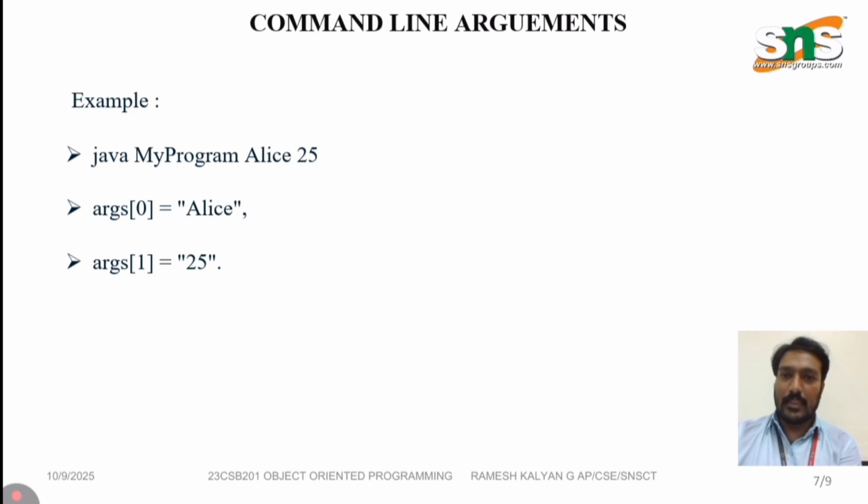In this case, Alice is argument 0 and 25 is argument 1. As I said in the previous slides, we can add n number of arguments. The index value of the arguments starts with 0. So the first argument will be argument 0, the second one will be 1, and the third one will be 2. This is the structure in the case of having arguments in the program.